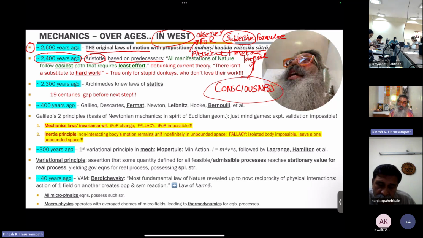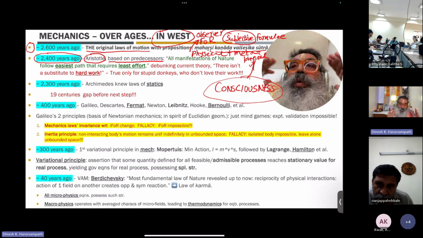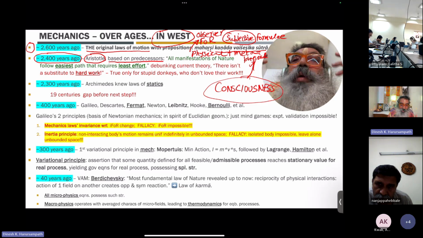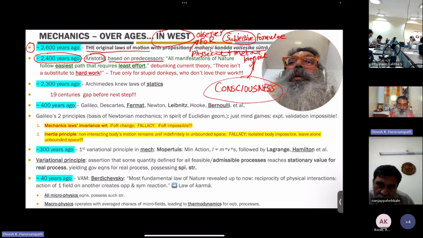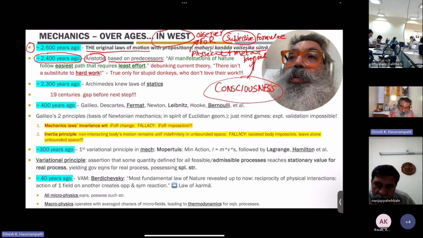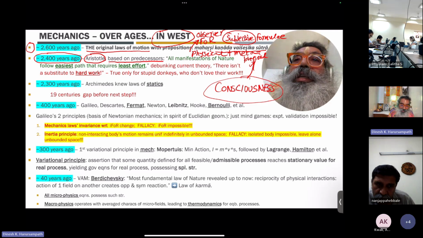And we should not belittle these original contributions, but have to look at them through a different lens. If we are too soiled by our current understanding of science and then look at it, then many of these are ridiculed, which is what a lot of Western scientists, unfortunately, do.